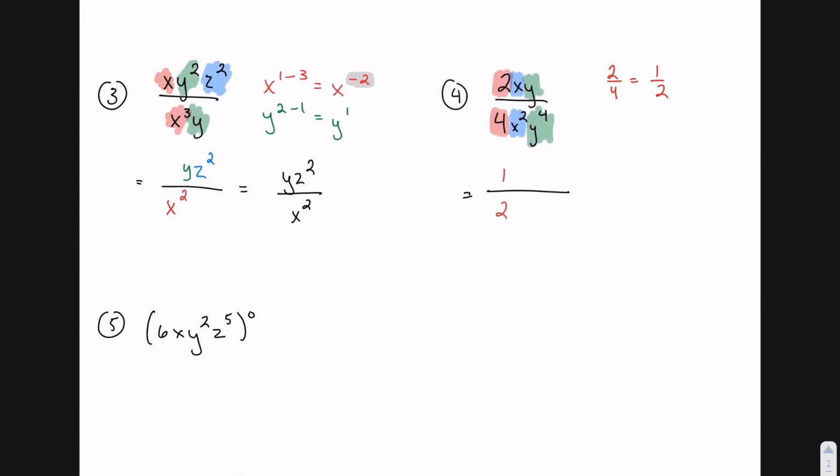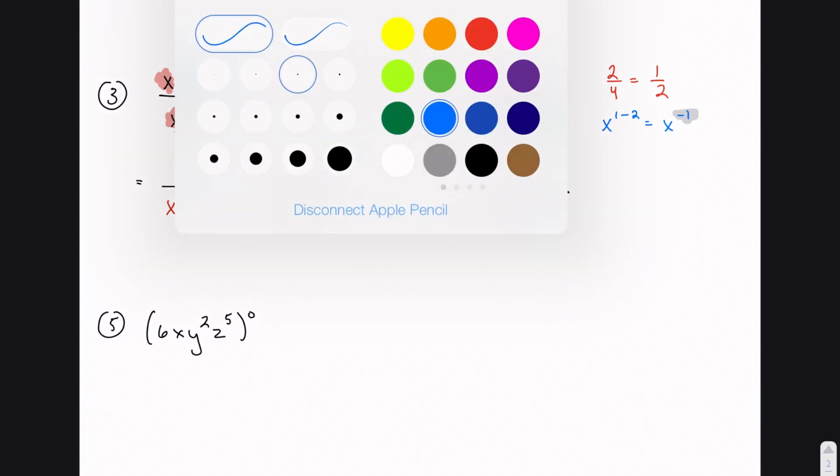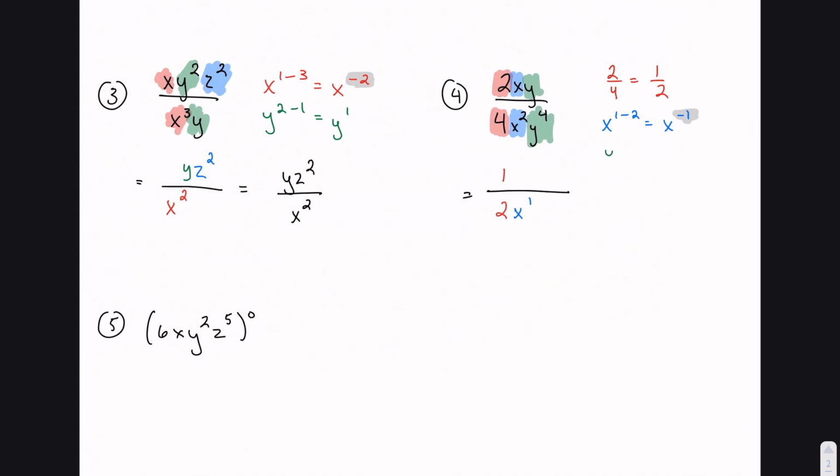If I were to look at my x's next, well, division means subtract, so 1 minus 2 is -1. That negative, again, is going to tell me that I need to wind up in the denominator here, next to the first. We'll correct that later. And then same thing with the y's. 1 minus 4 is -3.